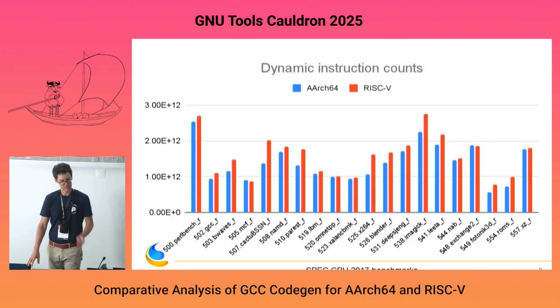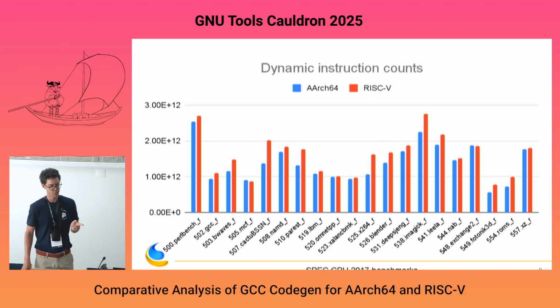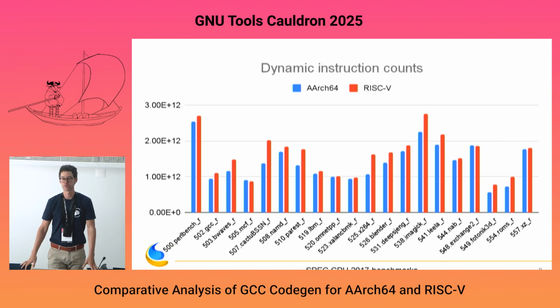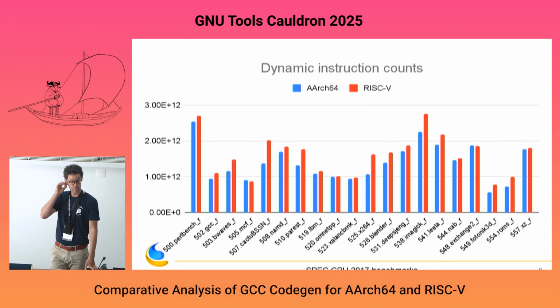Right. At last, we get to the results. I've got two views for those results. This is the first view. This is the absolute number of instructions for all the benchmarks. AArch64 is in blue here, and RISC-V in red. The order of magnitude of the number of instructions is around 1 trillion for each benchmark. That's quite big.